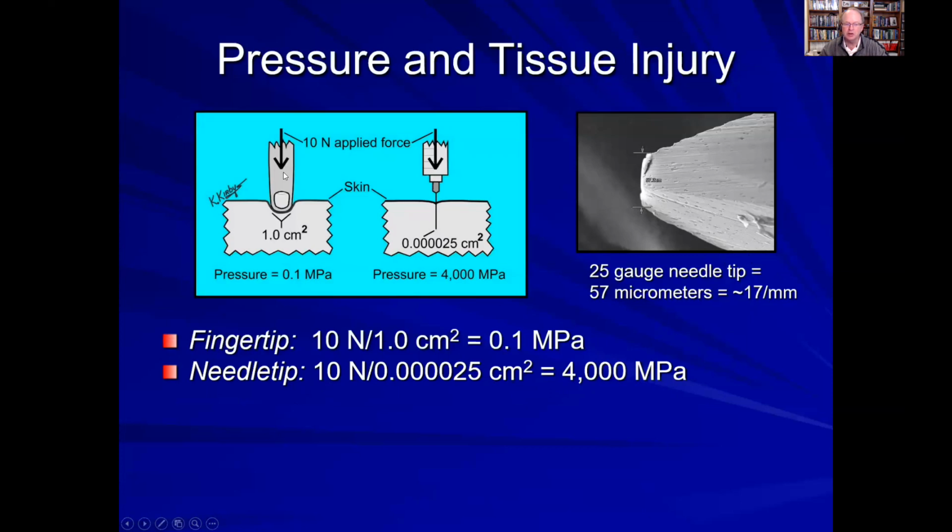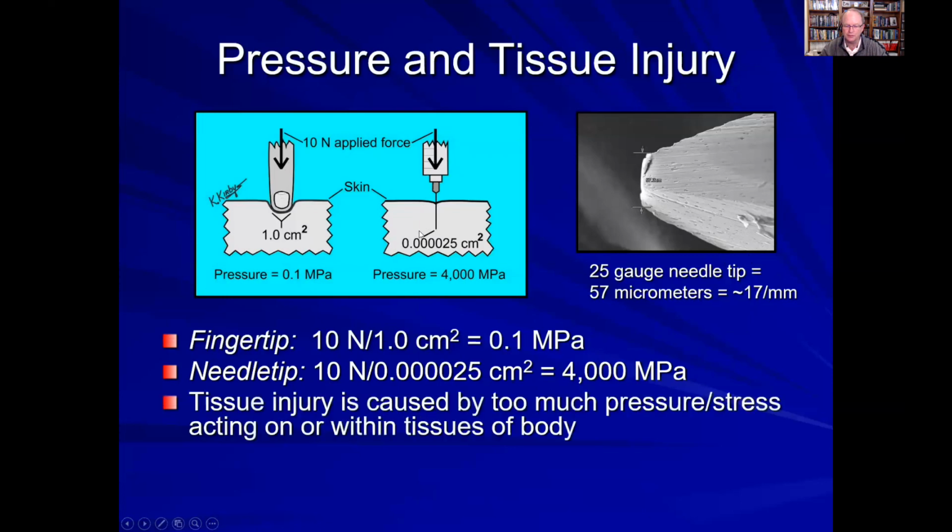So going from a fingertip to a needle tip with the same amount of force is going to produce 40,000 times more pressure. And this is why this same force will just indent the skin here, whereas a force applied here is going to allow that needle tip to puncture through the skin and into the subcutaneous fat and other tissues.